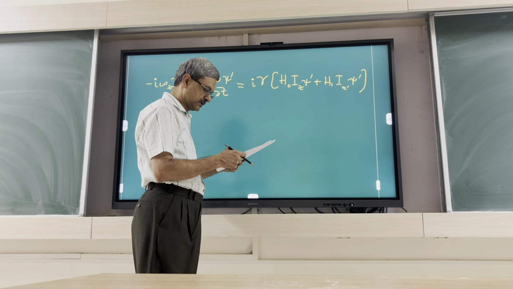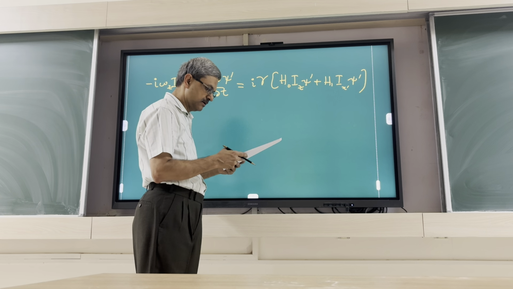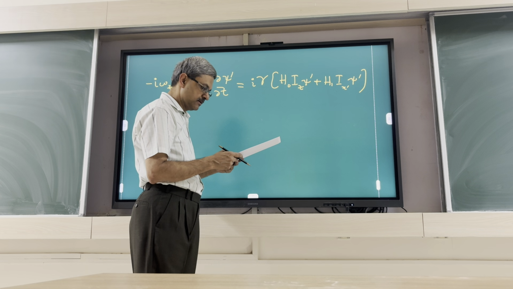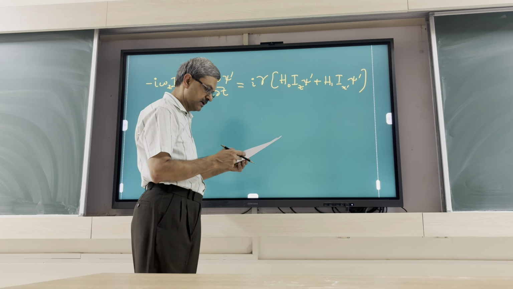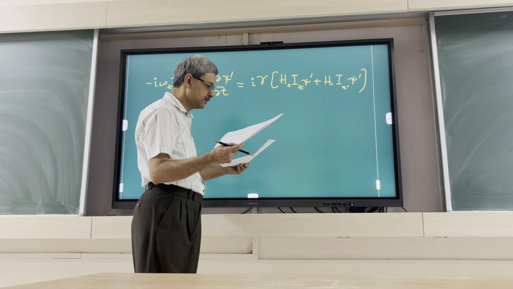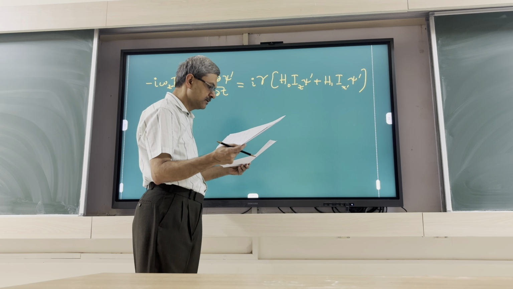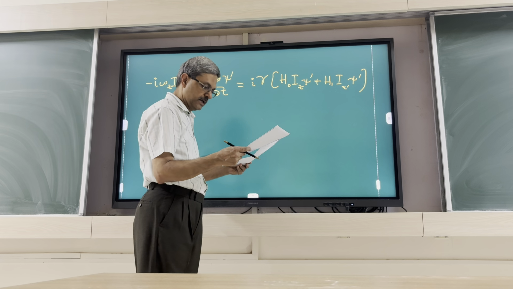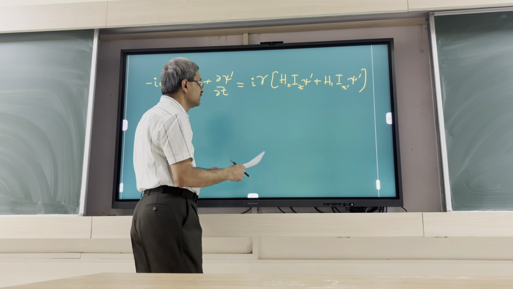So I x constant dot t, H1. Yeah, so actually what happens is the following.